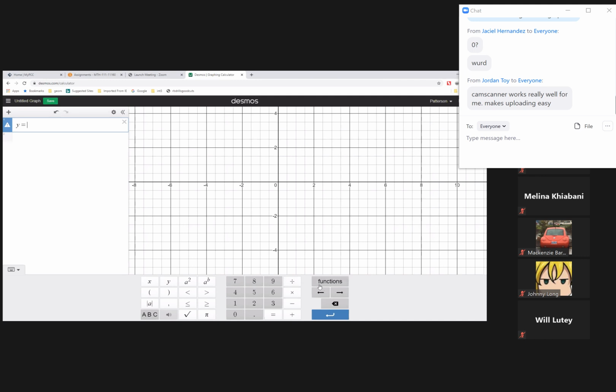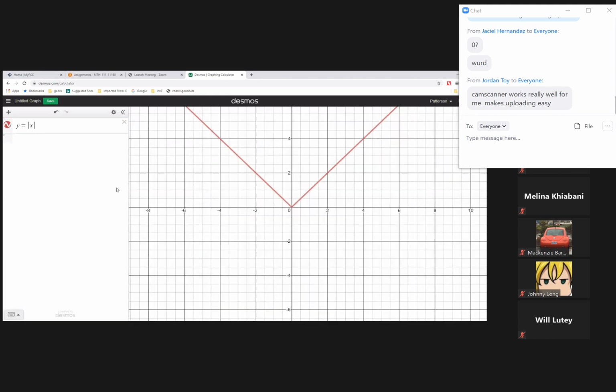Also, you can type ABS, and it will know what that is too. All right, so there's absolute value. Now, who can tell me what absolute value does, first of all? Can somebody either tell me or chat me what it does? In basic terms. Doesn't it like flip the x and y?